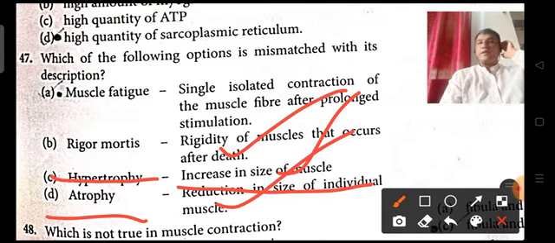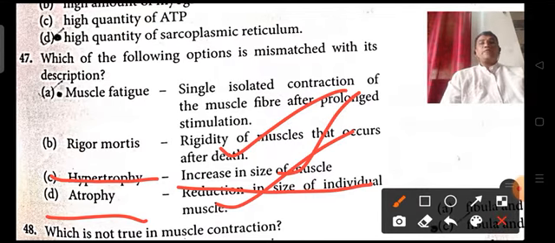Muscle fatigue is a condition where the muscle feels restless after prolonged stimulation. It is caused by continuous and fast isolated contractions of the muscle fibers, which may lead to the production of lactic acid and lead to muscle fatigue.